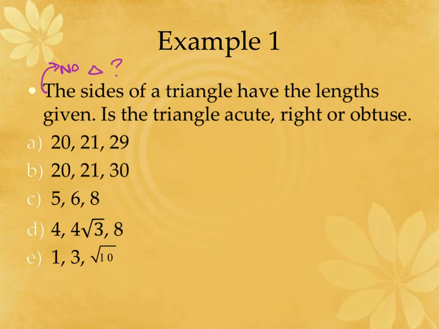So 20 plus 21 is bigger than 29, which means now I've got to go through the work of seeing if it's right, obtuse or acute. So I'm going to say 29 squared has what relationship to 20 squared plus 21 squared?